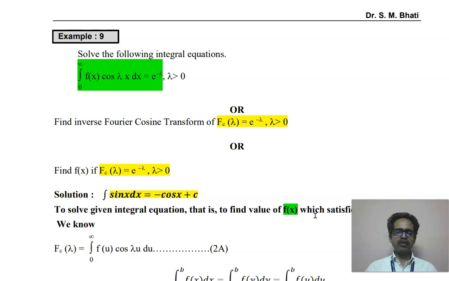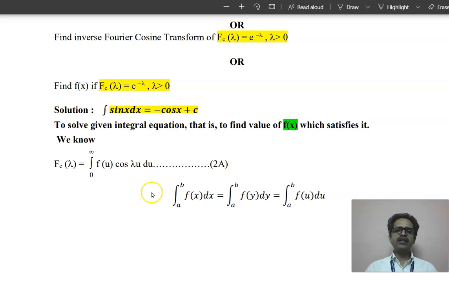I already told you this, and now you know this equation. This is equation 2a. fc lambda is equal to integration from 0 to infinity f of u cos of lambda u du. Fine. Now you know variables do not matter in a definite integral. Here x is a variable, here y is a variable, here u is a variable.